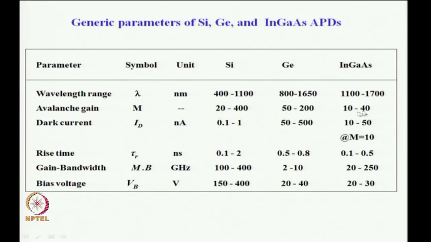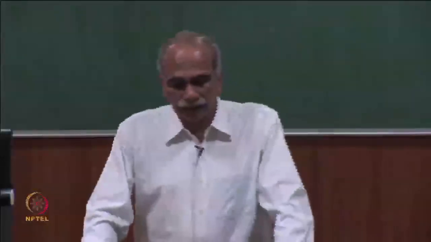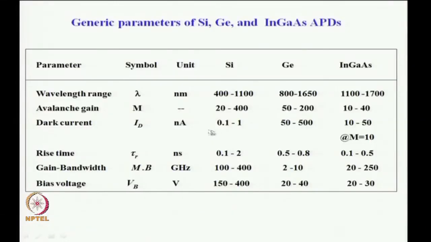Of course, it depends on the operating voltage, but this is the range of gain, typically of the order of 100, which is employed in practice. The dark currents are again listed here. The dark currents in this case, as you can see, are relatively large because you have applied a larger reverse voltage, corresponding to a gain of M equal to 10.